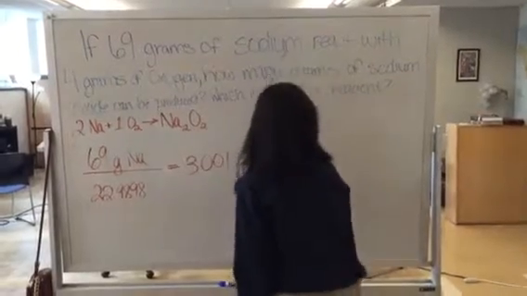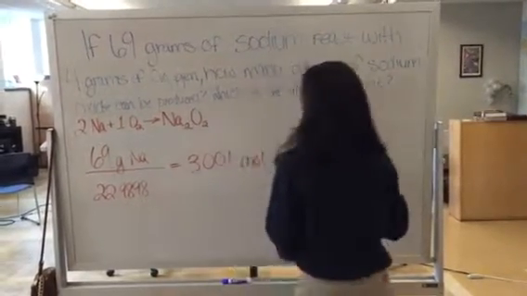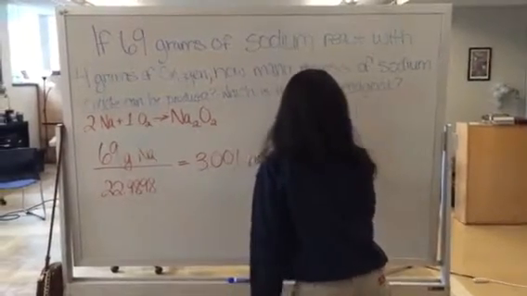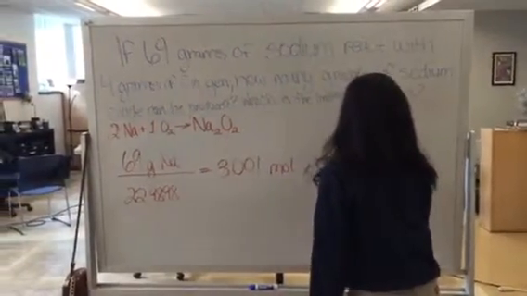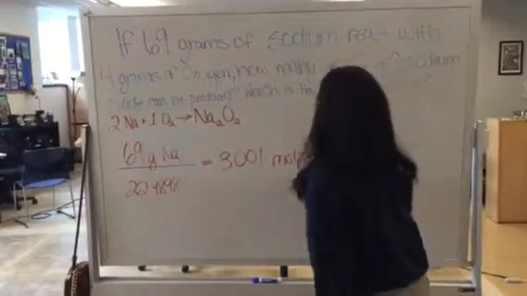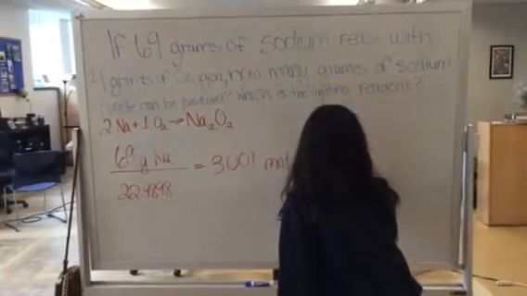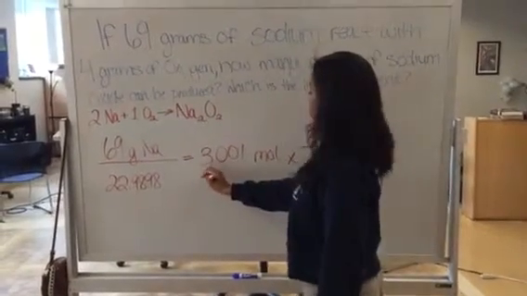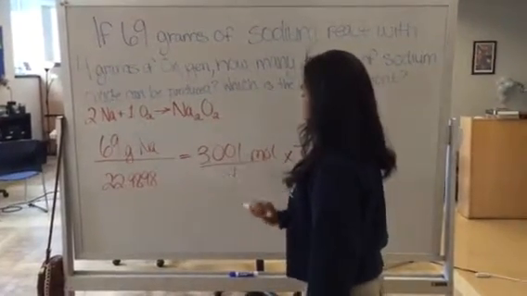And then you want to multiply that by the mole ratio. The mole ratio would be 1 Na2O2 over 2 Na, because this is basically over 1.